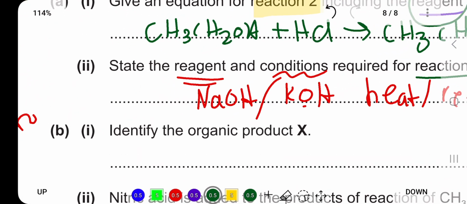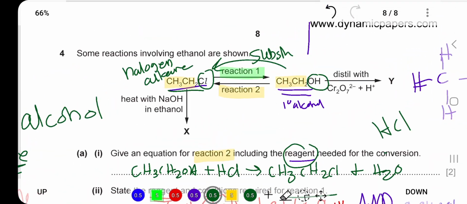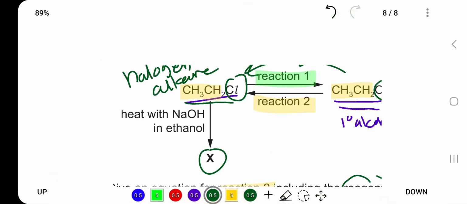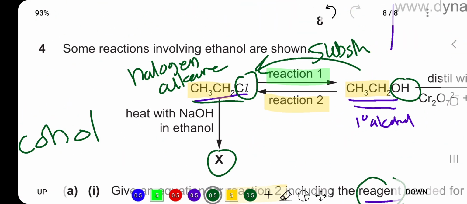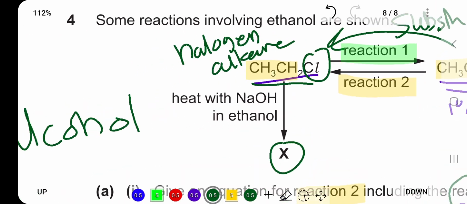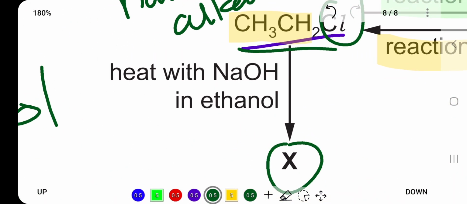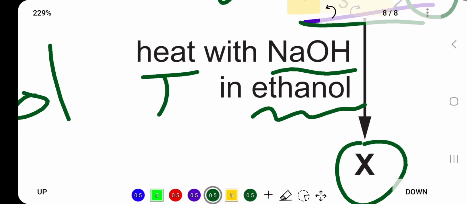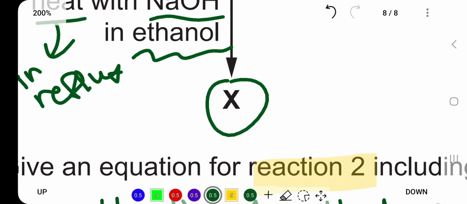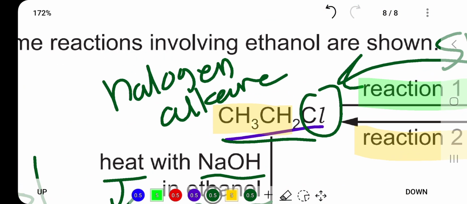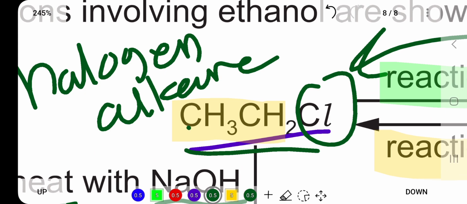Anyways, identify the organic product X. Let's see. That was what I was talking about, a halogenoalkane with an alcoholic base, heat in reflux, to give you an alkene. So what alkene are we going to get?